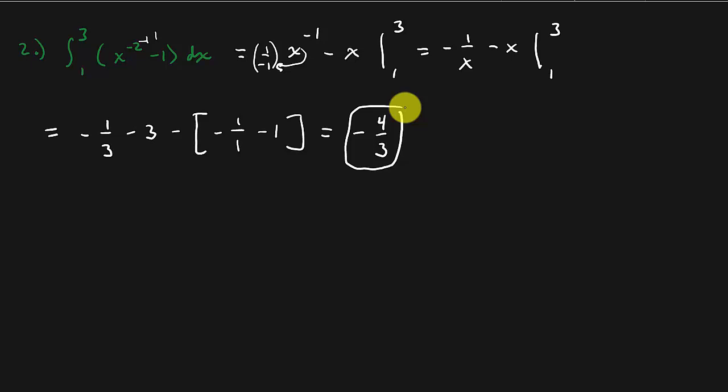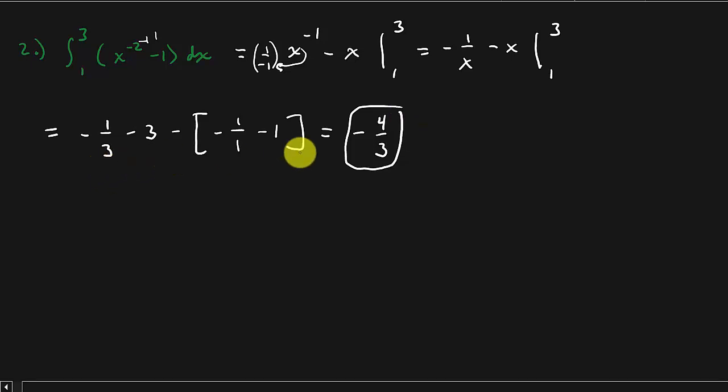Now, on these problems, I'm not going to show all this work. Well, I'll tell you what, I'll do it on this one, but I'm not going to do it on any of the other ones. So I've got negative 1/3 minus 3 minus, now this is negative 2, right? So I've got a negative and a negative, negative 2, which is going to be plus 2.